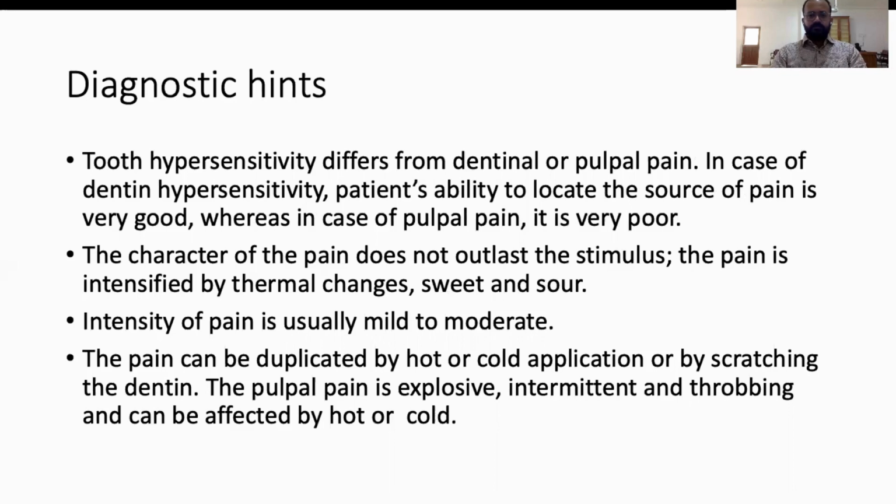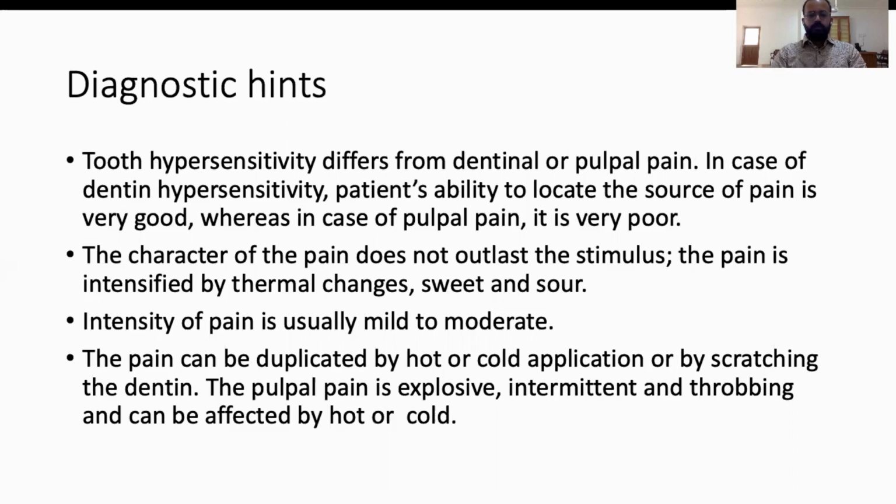Tooth hypersensitivity differs from dental or pulpal pain. In dental hypersensitivity, the patient's ability to locate the source of pain is very good, whereas in pulpal pain it is very poor. The pain is intensified by thermal changes like heat or cold, and also by osmolarity-dependent solutions like sweet and sour.